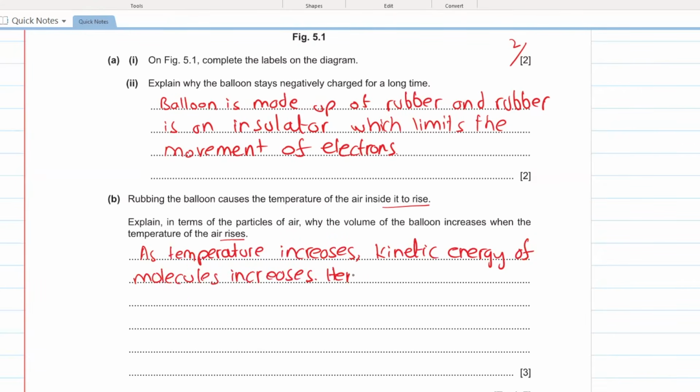Hence, molecules move faster. What will happen as molecules move faster?